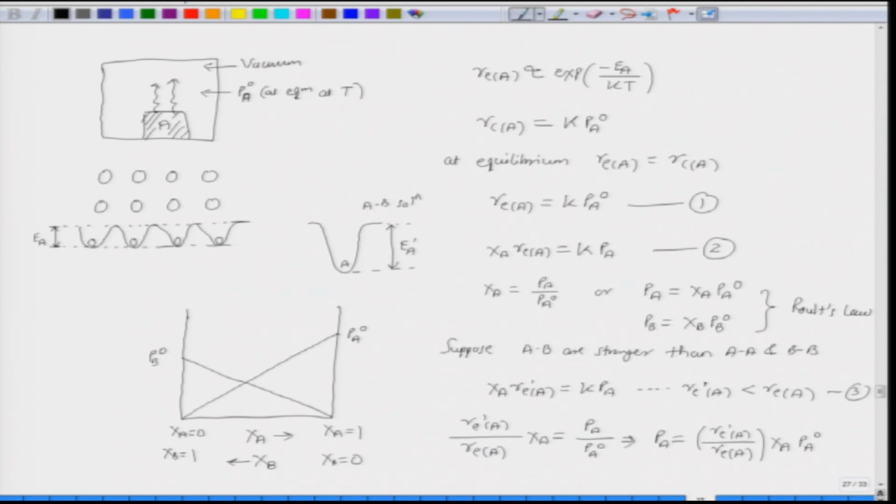And since RE prime A is less than REA, PA is actually less than XA times PA0. So, basically if we plot the relation between PA and XA, it will lie below the Raoultian line. So, this will give me what is called a negative deviation from ideality.